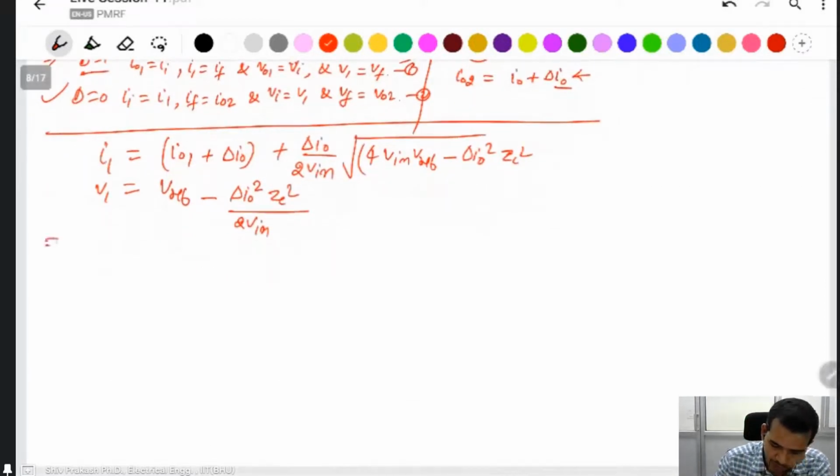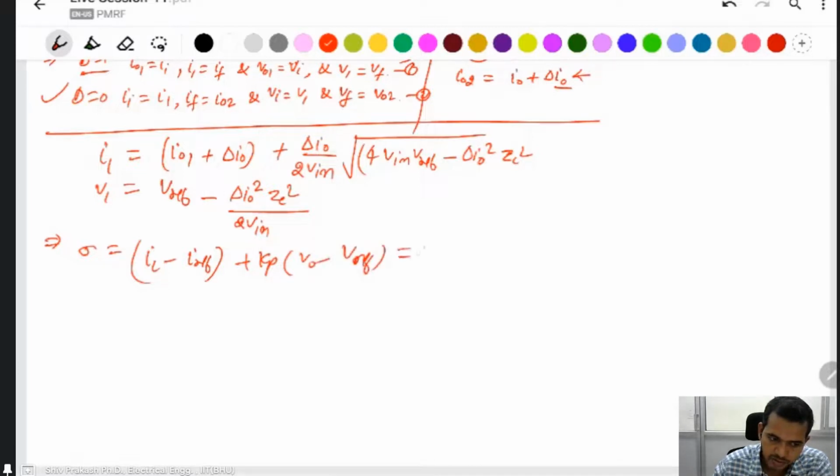After that, we want to find the Kp value. For Kp, sigma is equal to IL minus I reference plus Kp times V naught minus V reference, equal to 0. Here, for I reference take I naught, and for the final value I naught is also taken as I naught 1 plus delta I naught.